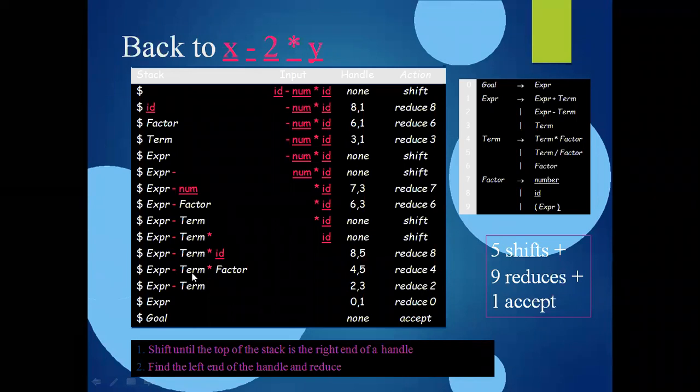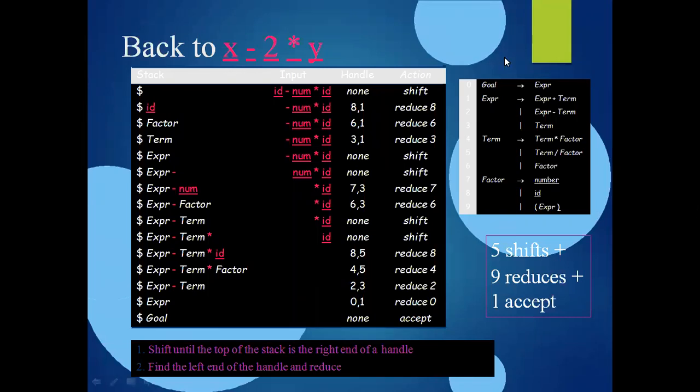And in the place of this term into factor, what do I need? Term. Term is the third rule here. So 3. And in the place of this expression minus term, what I need is an expression. So this is the first one. So 1. Right? Did you get how we are writing the production rule numbers at the handle column?